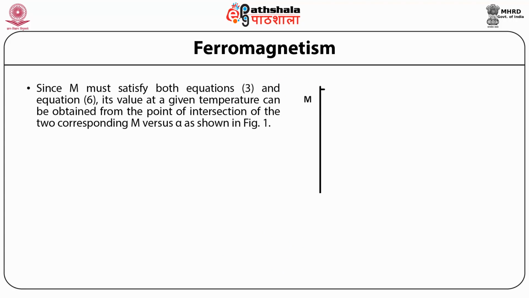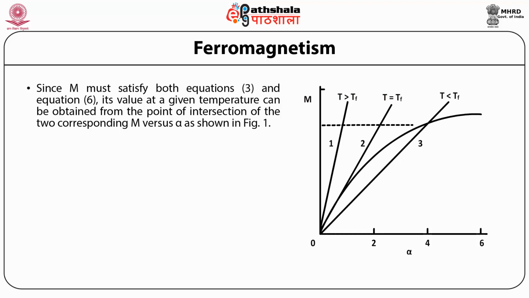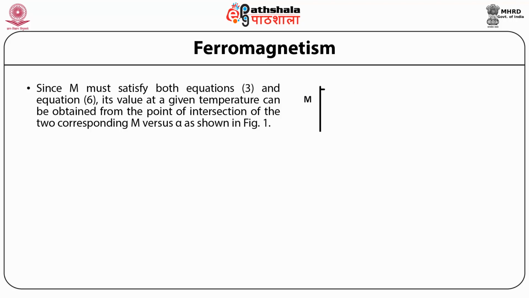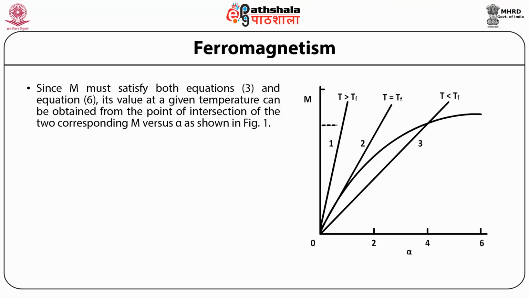Since magnetization M must satisfy both equation 3 and equation 6, its value at a given temperature can be obtained from the point of intersection of the two corresponding M versus alpha curves, as shown in figure 1.